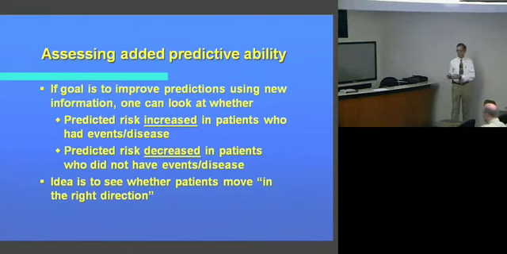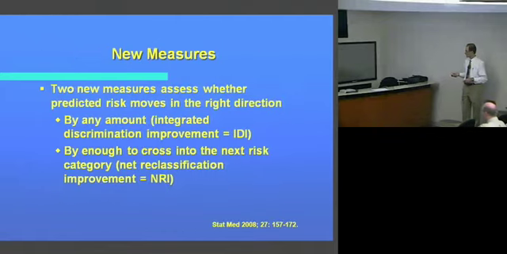And so there are new measures that try to see whether people have been moved in the right direction or the wrong direction. And we try to do this in a statistical way, and there's a description of this in Statistics in Medicine. Mike Pencina and others have developed two ways of looking at this. One is to see whether you've moved in the right direction by any amount. So people just move; it's just qualitative.